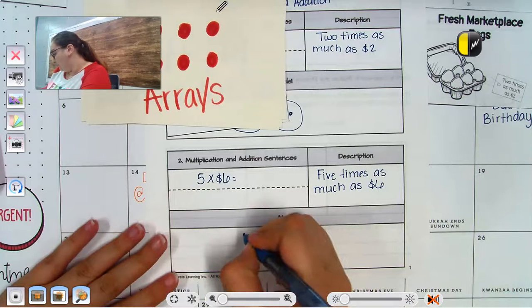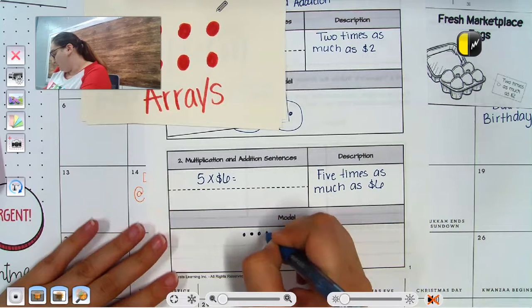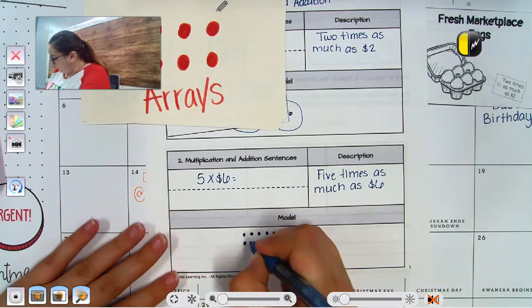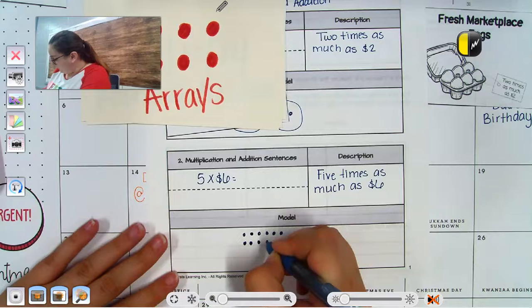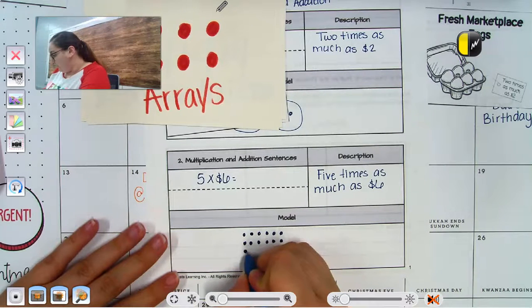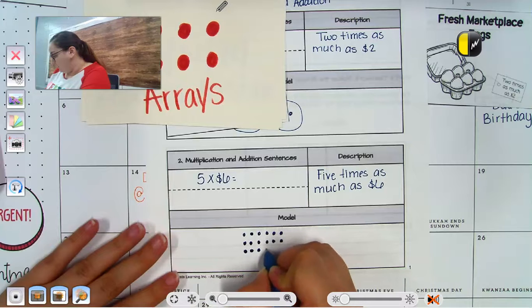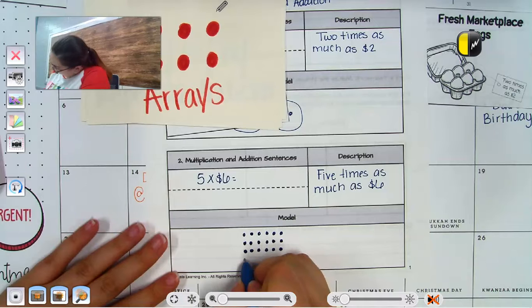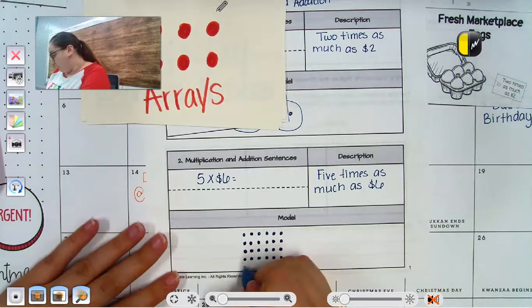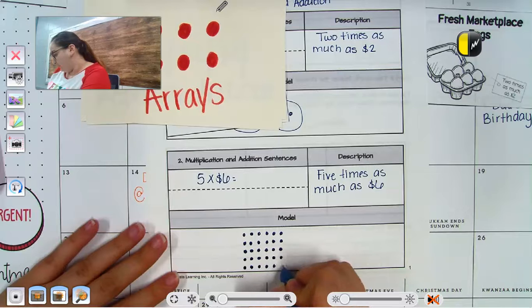Okay, so 1, 2, 3, 4, 5, 6. There's row 1. 1, 2, 3, 4, 5, 6. There's row 2. 1, 2, 3, 4, 5, 6. There's row 3. There's row 4. 1, 2, 3, 4, 5, 6.